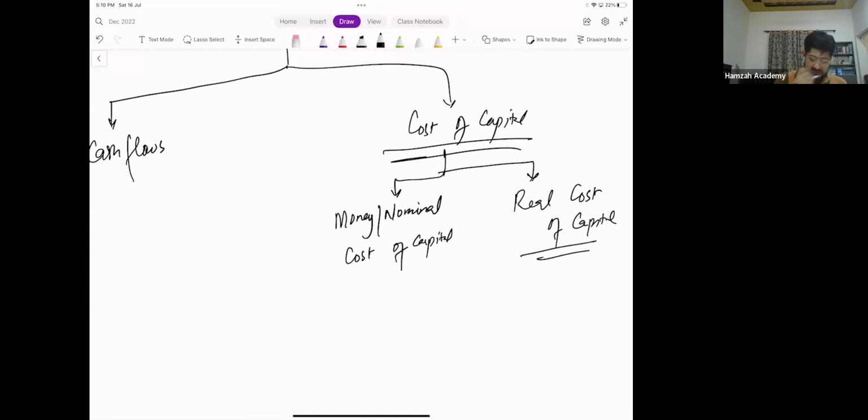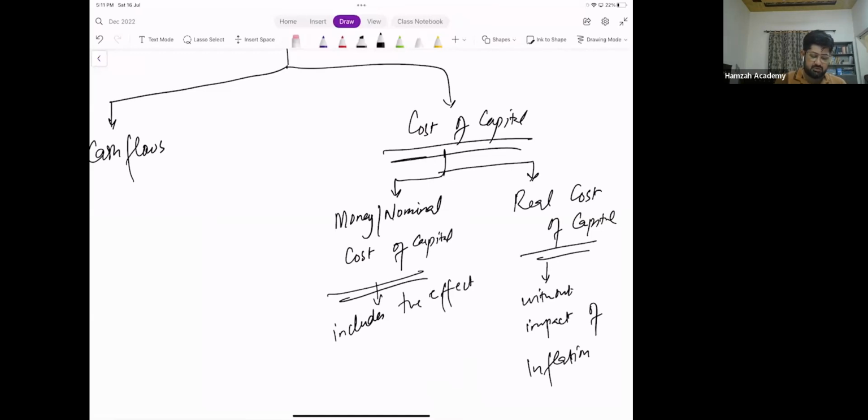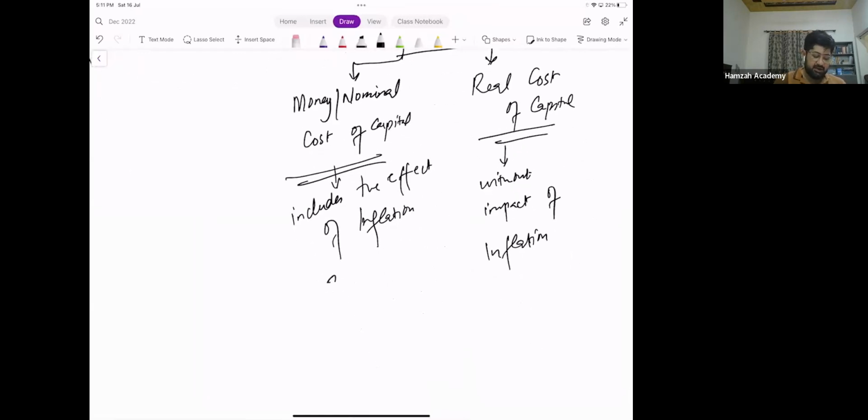The real cost is that cost without the impact of inflation. The nominal cost includes the effect of inflation. Now, for example, it is M. For example, it is I.